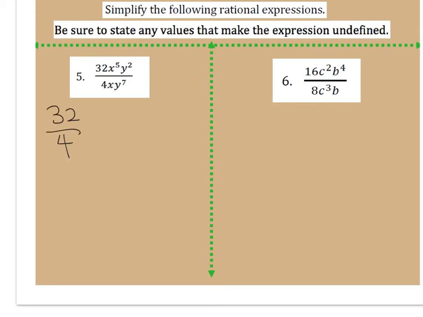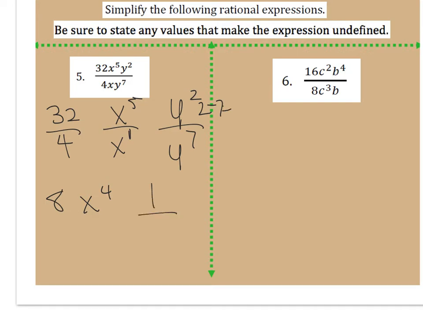That's just a number. 32 divided by 4 is just 8. x to the 5th over x, if I subtract, that's going to be x to the 4th. For y, y squared over y to the 7th, if I subtract 2 minus 7, I get negative 5, which tells me it's going to be 1 over y to the 5th. So my final answer here is going to be 8x to the 4th over y to the 5th.